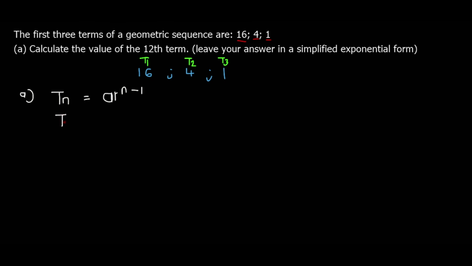We want term number 12, so T12, and the value of a is 16. And r is the constant ratio: r is equal to T2 divided by T1, or T3 divided by T2, it's the same thing. 4 divided by 16 is 1 over 4.